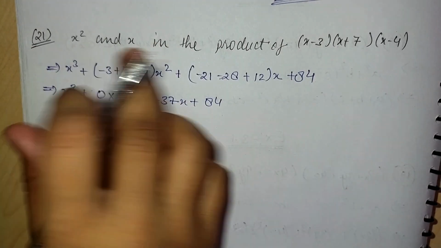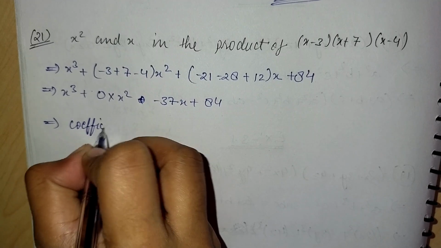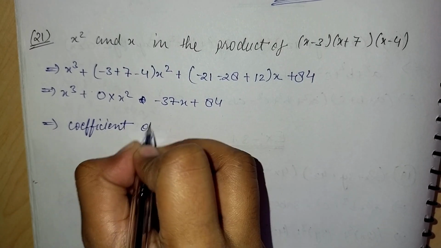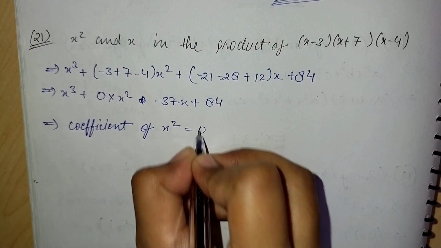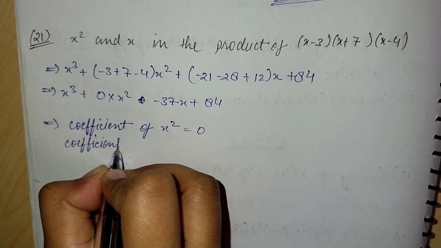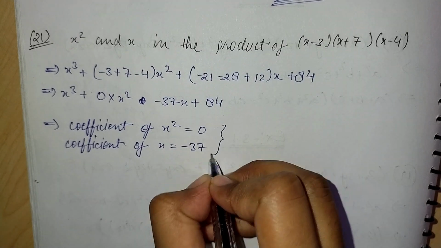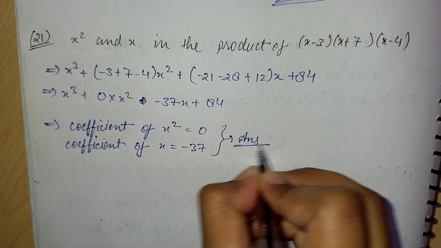The coefficient of x square is 0, and the coefficient of x is equal to minus 37 is the answer here in this question.